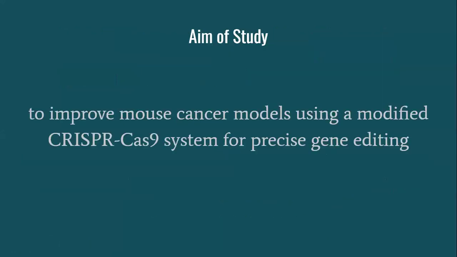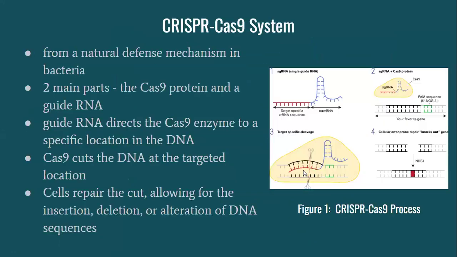Okay. So the aim of this study was to improve mouse cancer models using a modified CRISPR-Cas9 system for precise gene editing. So what is the CRISPR-Cas9 system? We know that CRISPR stands for clustered regularly interspaced short palindromic repeats.